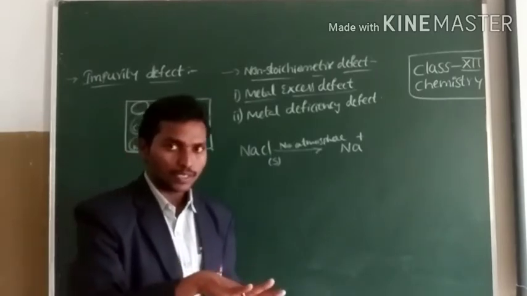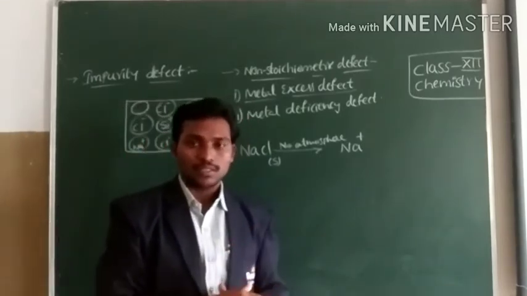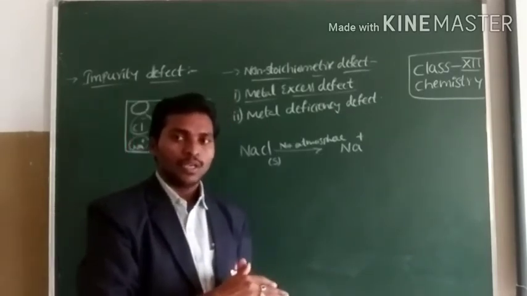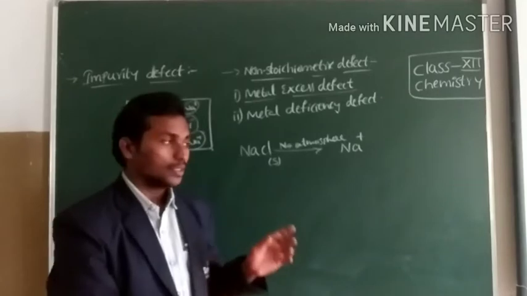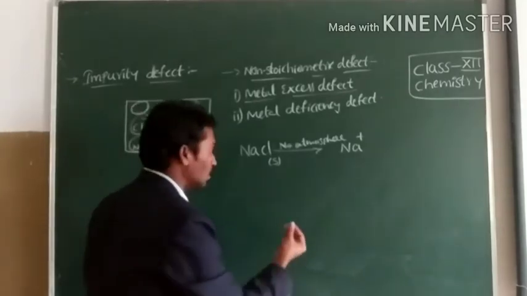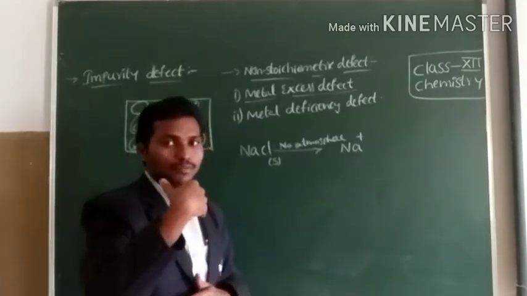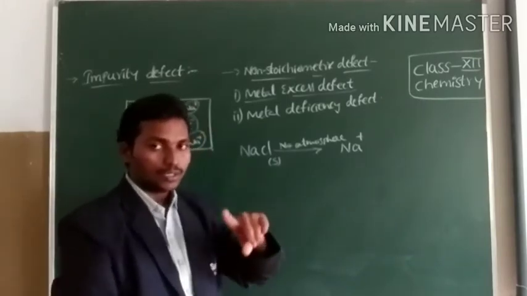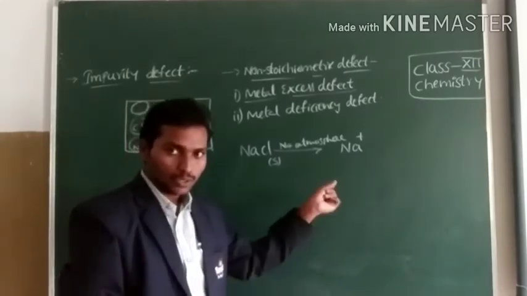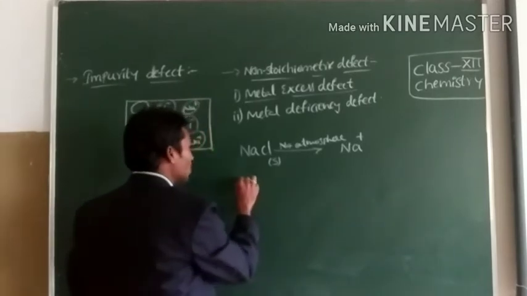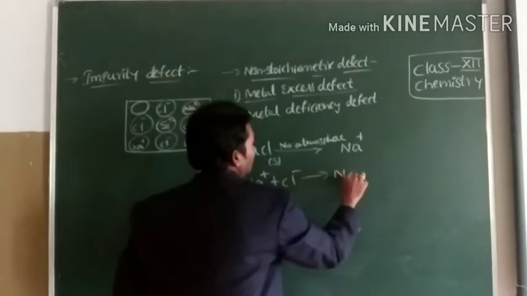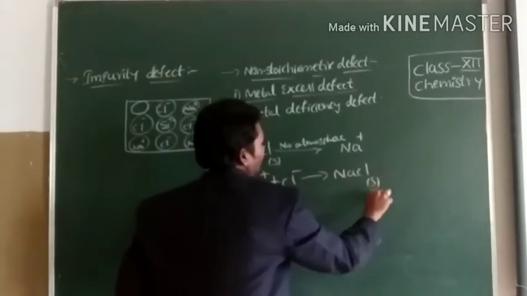Then chloride ions, Cl minus, diffuse over the surface of the crystal and combine with the sodium cations to form sodium chloride, Na plus Cl minus, which gives NaCl salt.